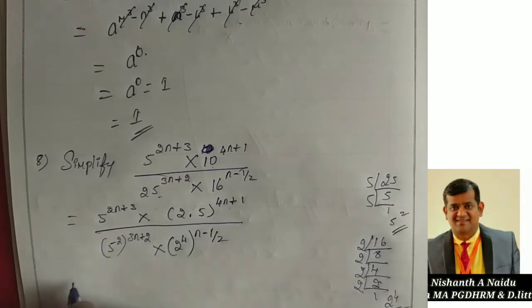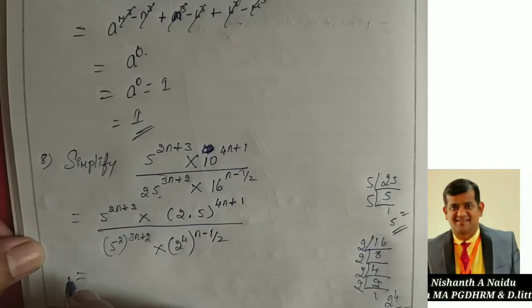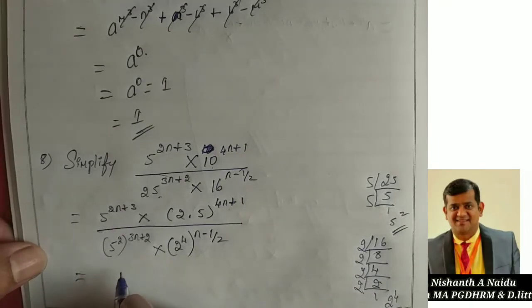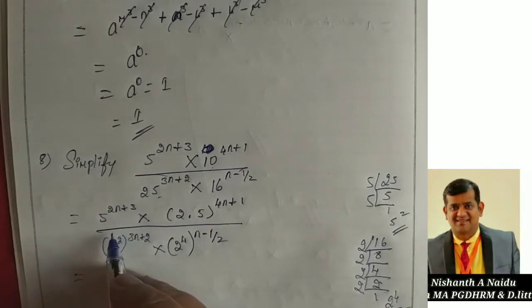So in the next step, what are we going to do? We are going to convert this. That is the common factor, which we can write commonly.